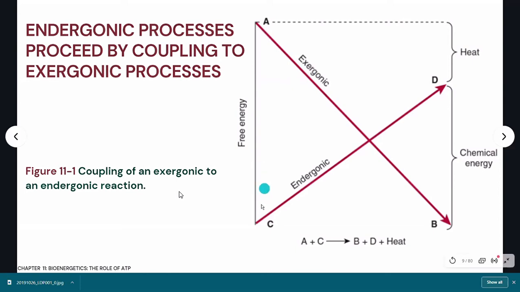And an endergonic reaction requires energy to go uphill, right? Okay. In our system, our cells, an endergonic reaction, a reaction that requires energy, usually couples with an exergonic reaction.